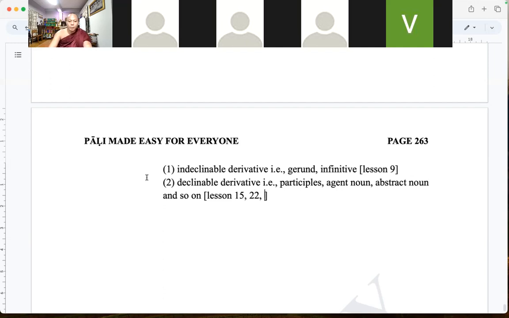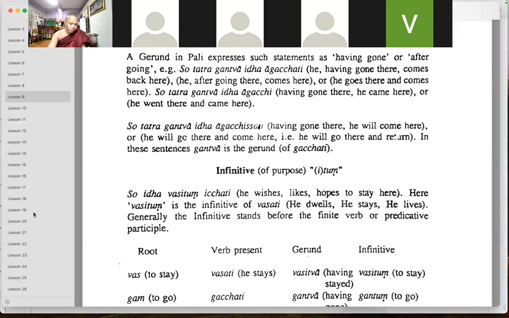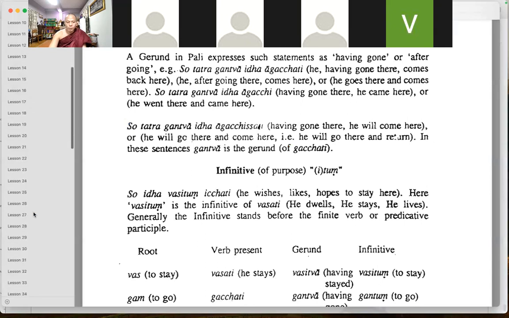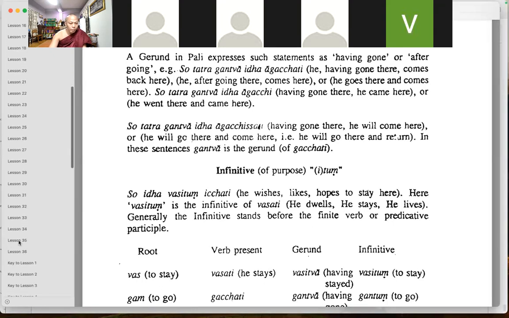And then future participle, okay, in lesson... so 15, past participle, and lesson... so present participle, and the other one, future participle, is under what lesson?